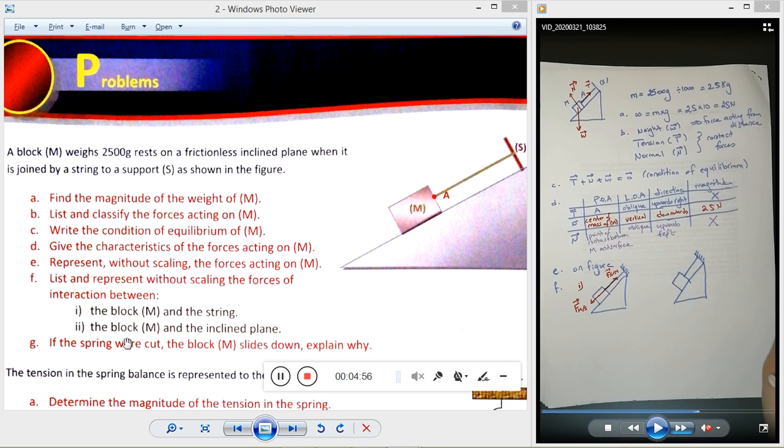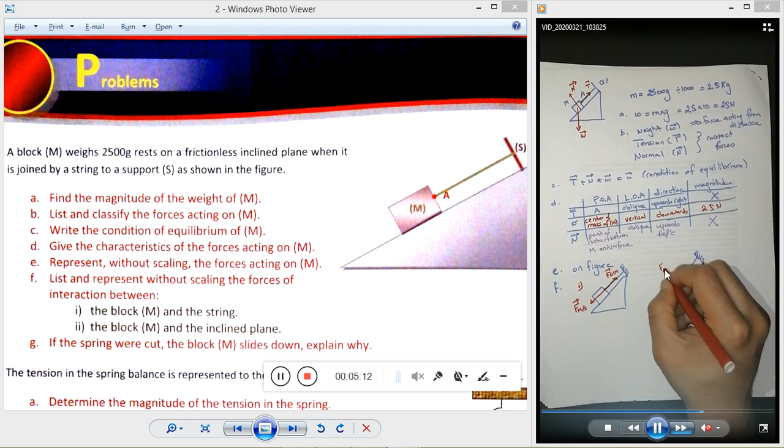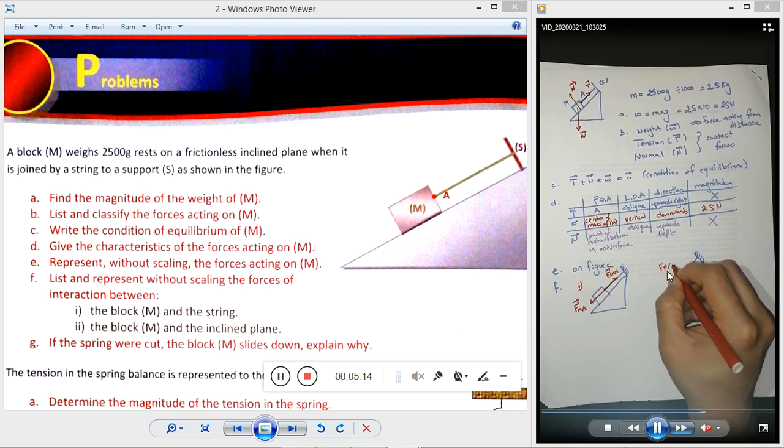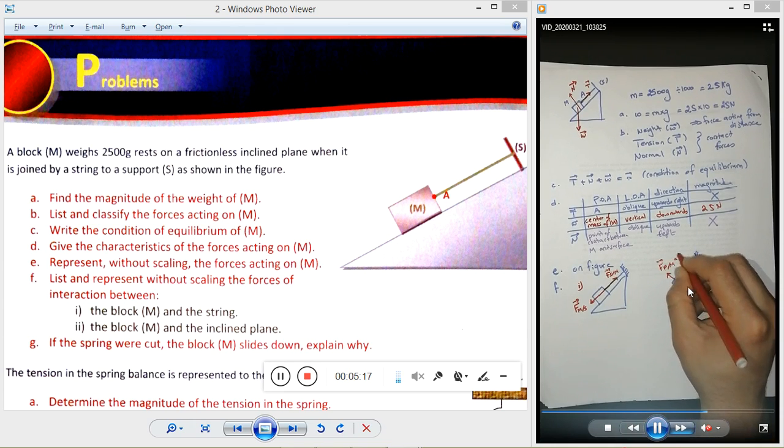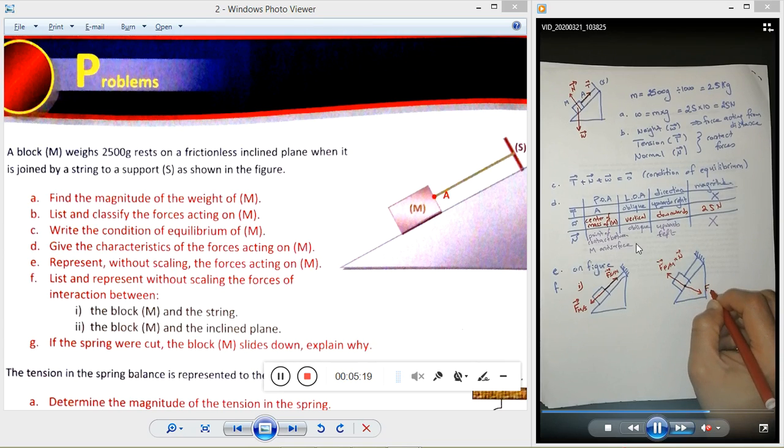The second part, 2i, the block M and the inclined plane. The forces of interaction between the block and the plane are called F M over P and F P over M. Okay, so the force exerted by M on P and the force exerted by the plane on M. Since the plane is pushing the block upwards, the plane is holding the block upwards, while the block is making a downward force on the plane.